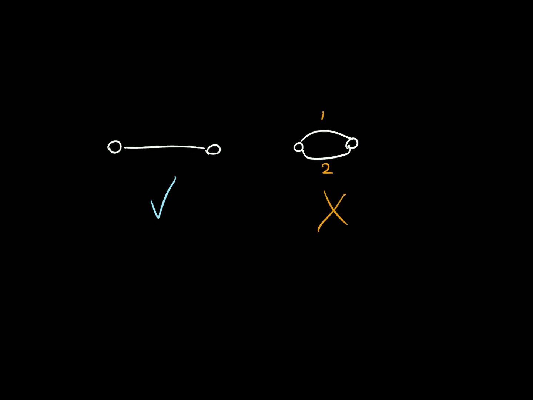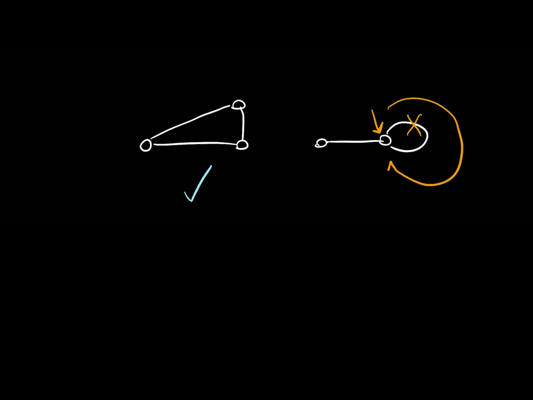Unacceptable. And also, simple graphs don't have loops. This one doesn't have loops. Now this one right here, we do not allow edges going from one vertex all the way back to the same one. So this is not going to happen.